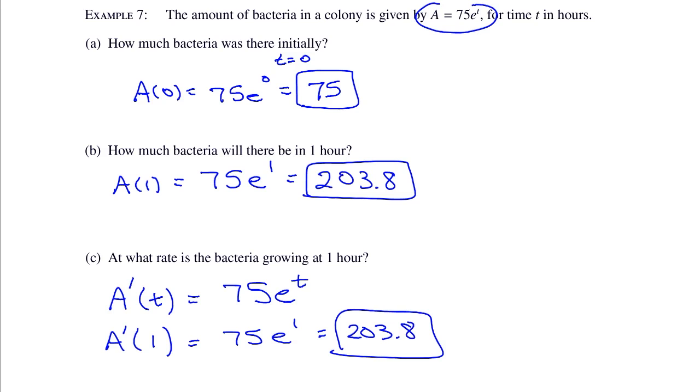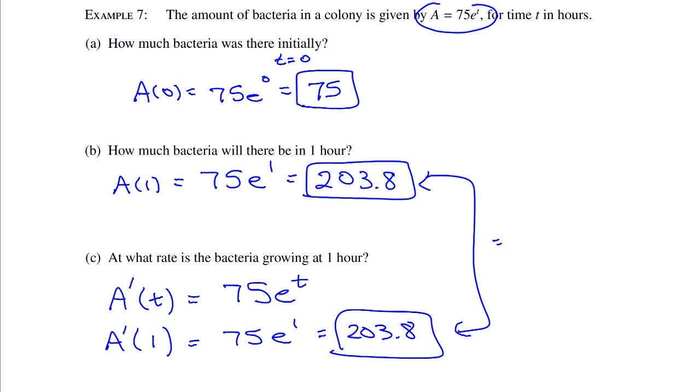That's not a coincidence. That's one of the properties of the e function, that you have a curve that is growing at the rate at which it is equal to at that point.